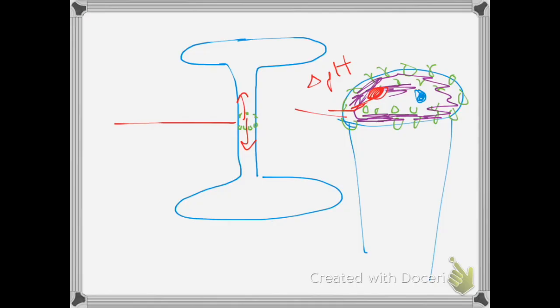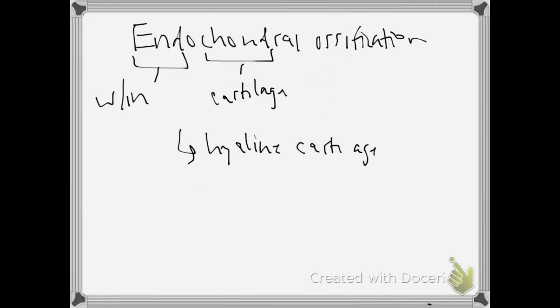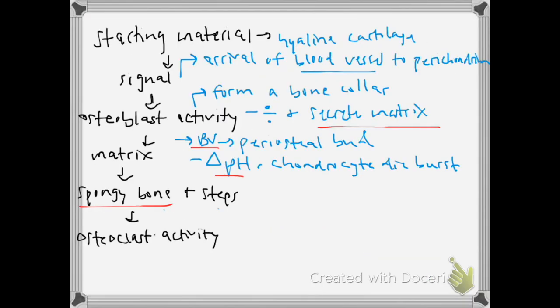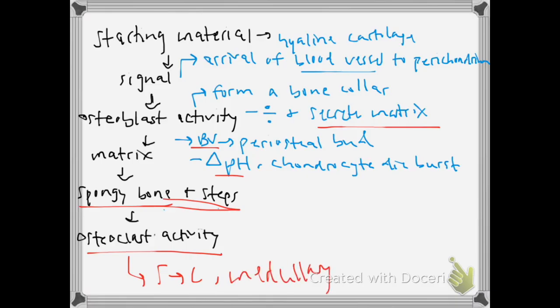So as these osteoblasts are dividing from the middle towards the ends, we're going to have osteoclast. So that's this last step right here, right? We've seen spongy bone being formed and the steps to get red bone marrow. Now with osteoclast activity, we said osteoclasts do two things. They take spongy bone and they turn it into compact bone, and they also form and maintain medullary cavities.